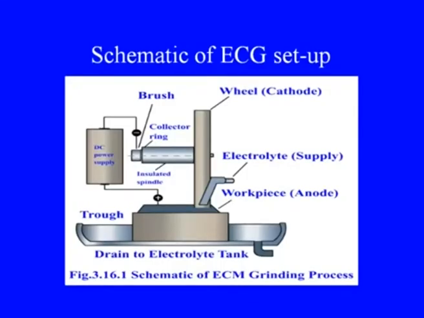The process is used for machining metallic components. Combining these two processes improves productivity and tool life to a great extent. The schematic of ECG setup is shown in this figure.